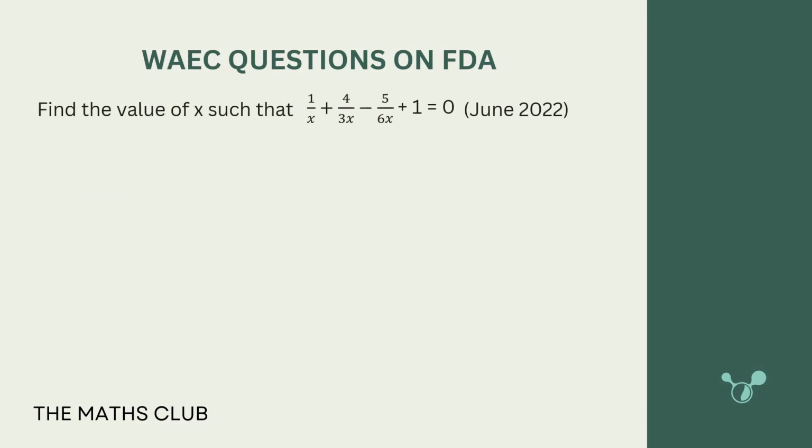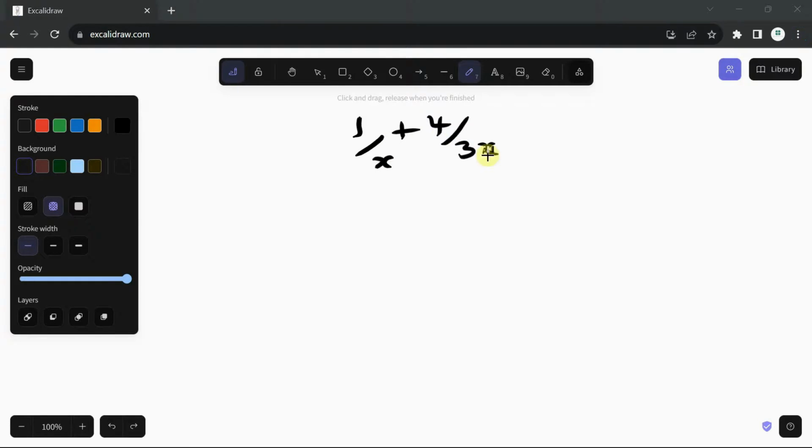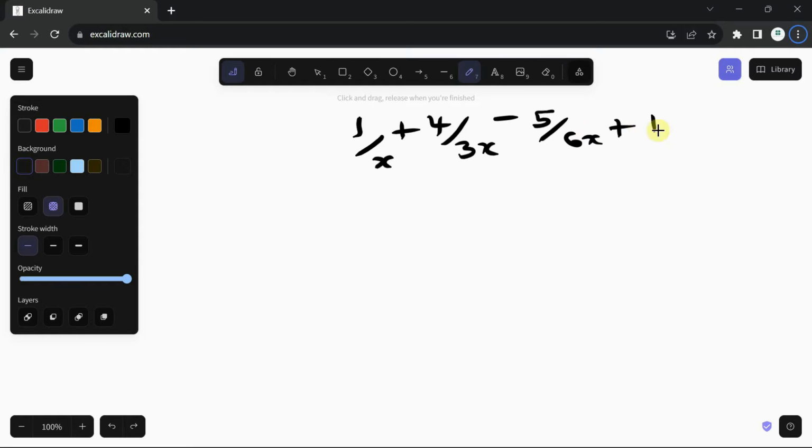Great. Now the next question is, find the value of x such that 1 over x plus 4 over 3x minus 5 over 6x plus 1 is equal to 0. So if I wanted to find the LCM of this, I already know from experience that the LCM would just be 6x, right?